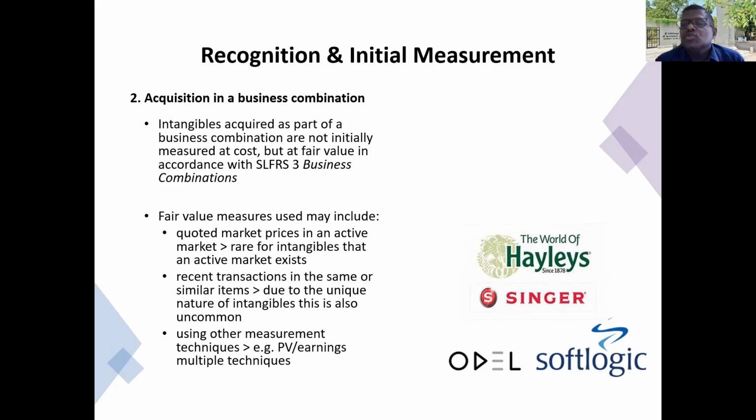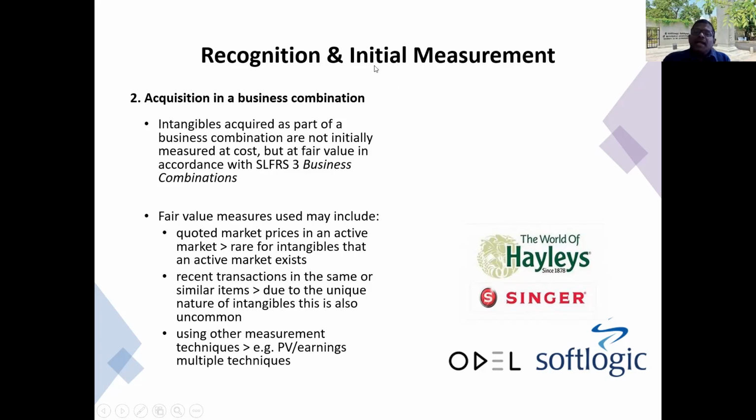The other one is using other methods, for example, the present value technique. So you can take the quoted market price, or find a similar item price if the market price is not available, or you can go to the present value or the income earning multiple techniques to value the particular intangible.